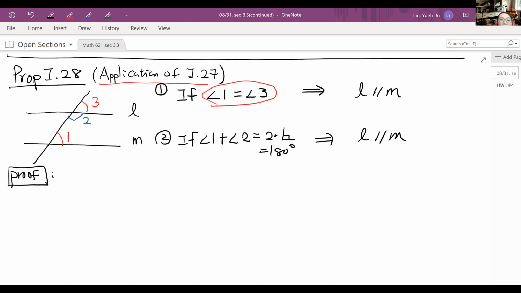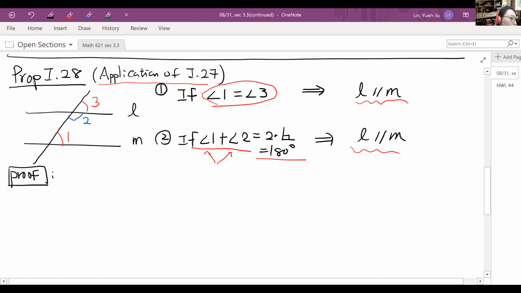Similarly, if you have angle 1 plus angle 2 equal to two right angles, meaning essentially 180 degrees, then we also have the same conclusion, that both lines are parallel. So what are 1 and 2? Usually we call 1 and 2 alternate interior angles on the same side.